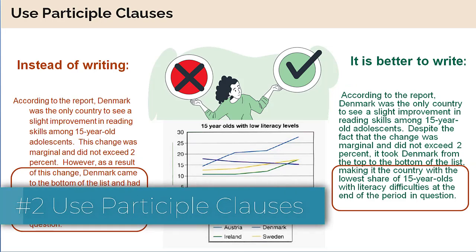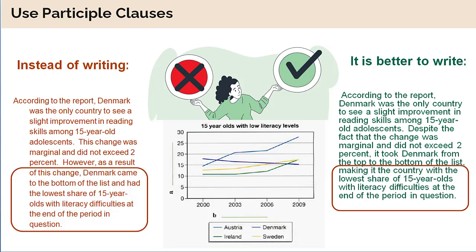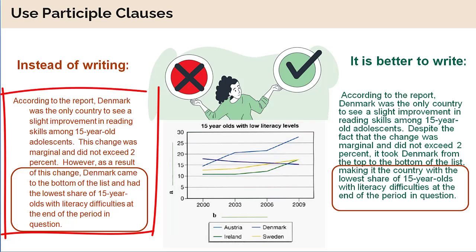Second, use participle clauses, and this is your gerund, verb with ing ending. So here, instead of writing, according to the report, Denmark was the only country to see a slight improvement in reading skills among 15-year-old adolescents.